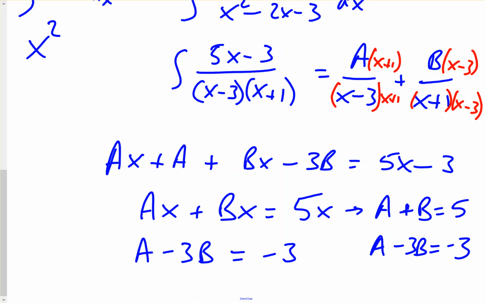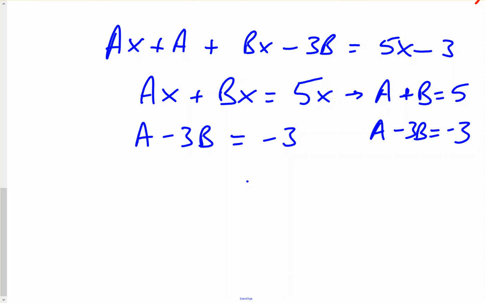Okay, so now we could solve this. So we could do the top equation, a plus b equals 5. We could subtract away the bottom equation, or if you don't feel comfortable subtracting, you can multiply the bottom one by negative 1.